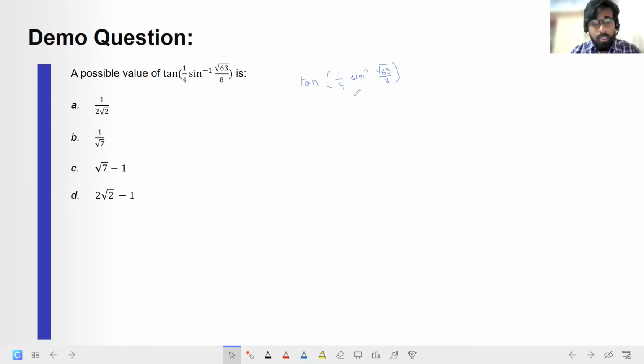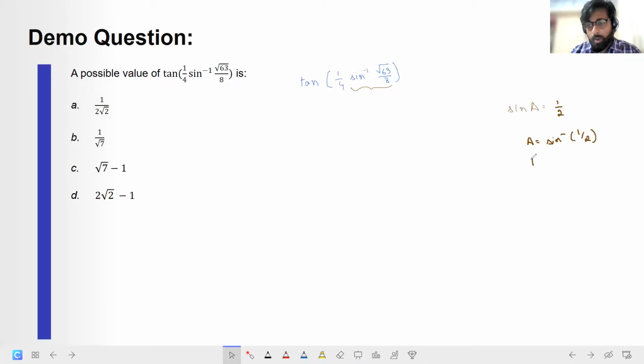But first of all, the first hint that I see is an inverse function. So over here, sine inverse of something is going to give you an angle, isn't it? If sine of A is equal to, say, 1 by 2, then the angle A is going to be nothing but sine inverse of 1 by 2.